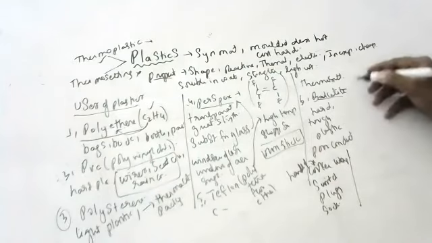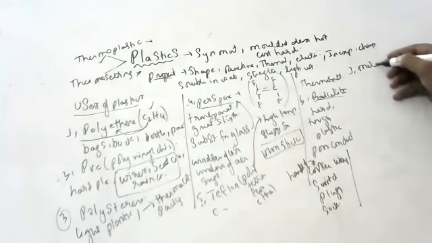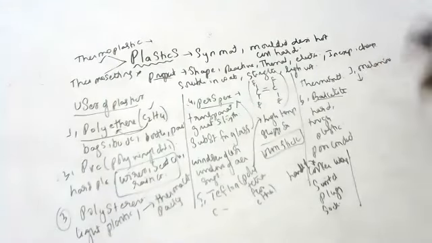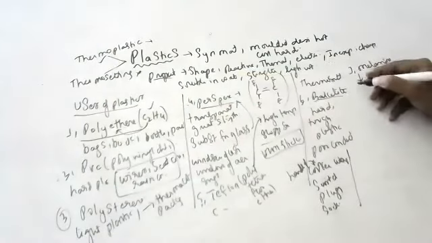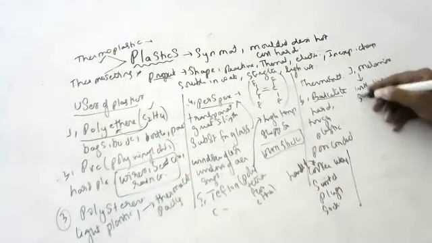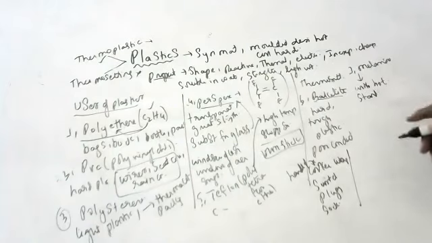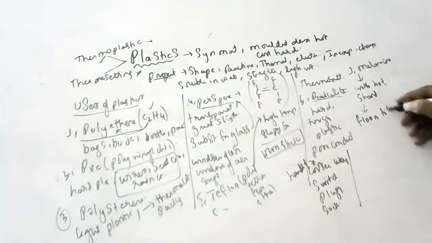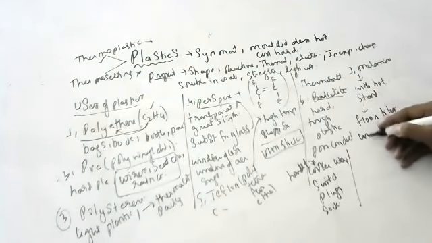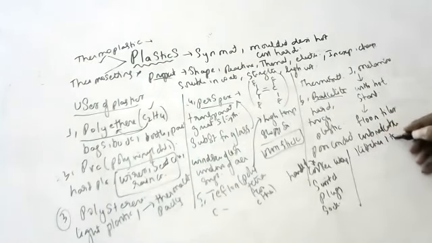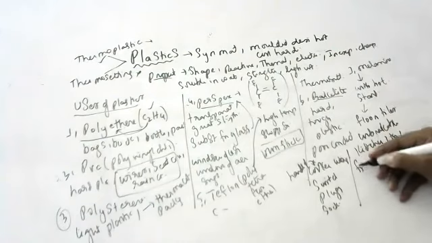And the last one in this is melamine. Melamine can tolerate heat better than other plastics. Among all of these, melamine can withstand even very, very hot conditions. So it is used for making floor tiles, unbreakable kitchen items, and also fire resistant fabrics.